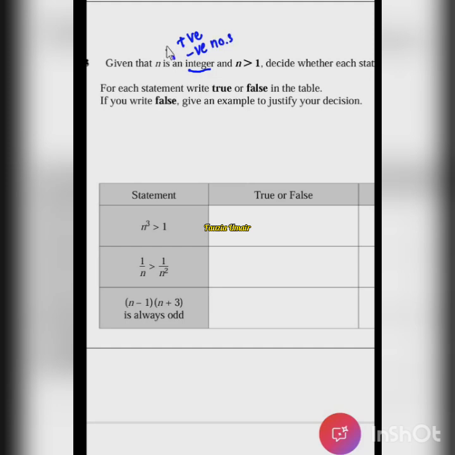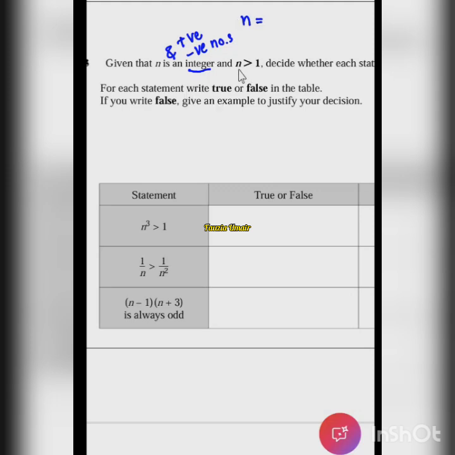All right. But here n is bigger than 1. So what values can n have? What is n actually? n is bigger than 1. So can n be 1? It cannot be 1, because it states that it is bigger than 1.